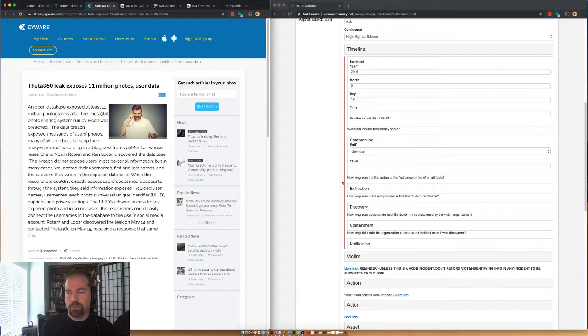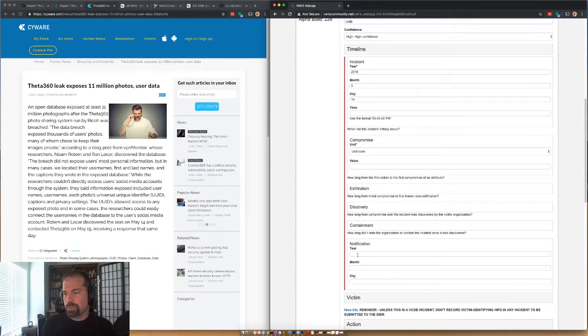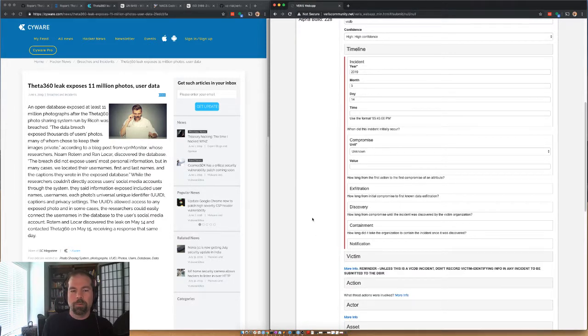May to June 1st is like 2 weeks, which seems reasonable for a disclosure period. So we'll put June 1st here, and it won't affect a whole lot. Let's see, 6.1. We don't do a lot of enumeration off the notification, but we do try to capture it because in some cases we want to know how organizations are notifying people of breaches.